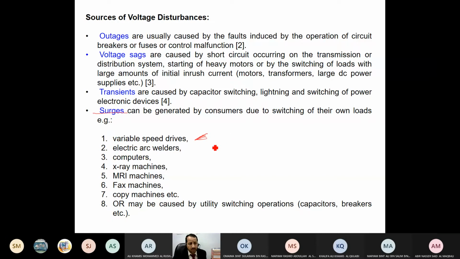We have a motor we control, electric arc welding, induction heating, or computer, X-ray, MRI, and so on. Many components and appliances we use today in our life produce surges and sparks.